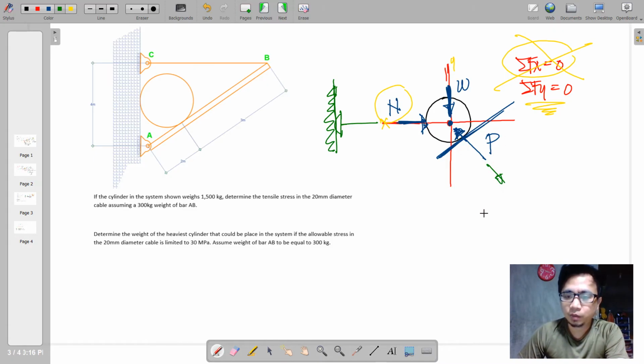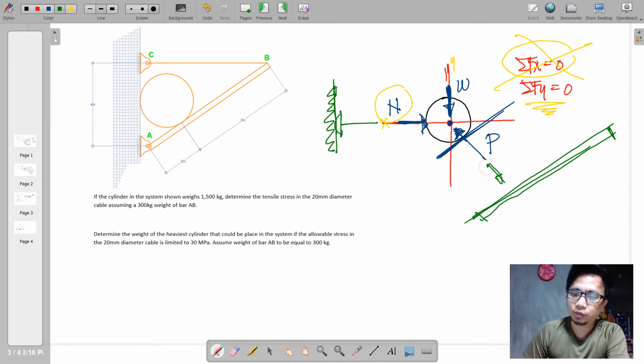Because P will eventually transfer to your bar, and on this free body diagram, we note that there is a reaction here since this is a pin connection.